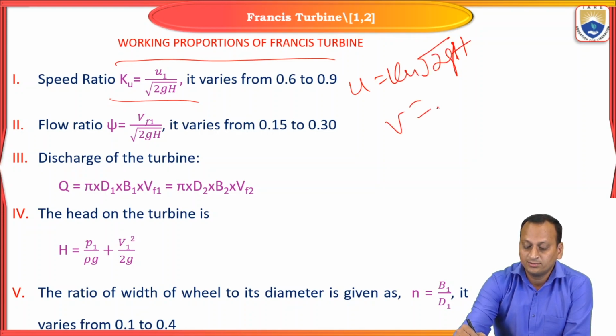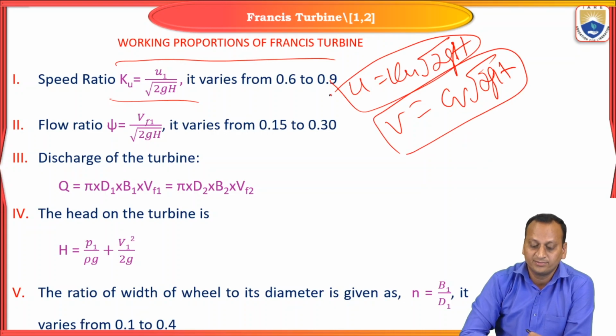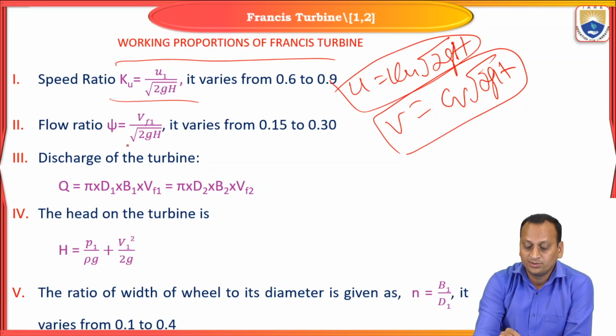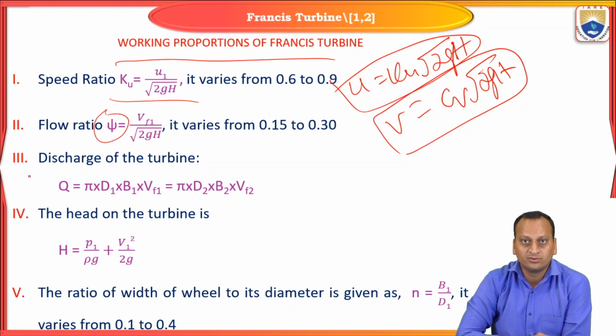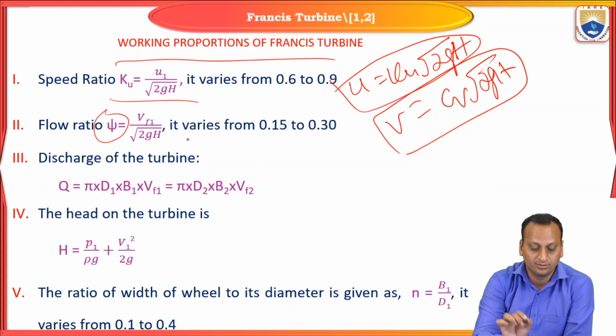Similarly, V equals Cv root 2gH. So this is the jet velocity and this is the blade velocity. From this, Ku equals U by root 2gH. The flow ratio is denoted by psi: psi equals Vf1 by root 2gH, or Vf1 equals psi into root 2gH.